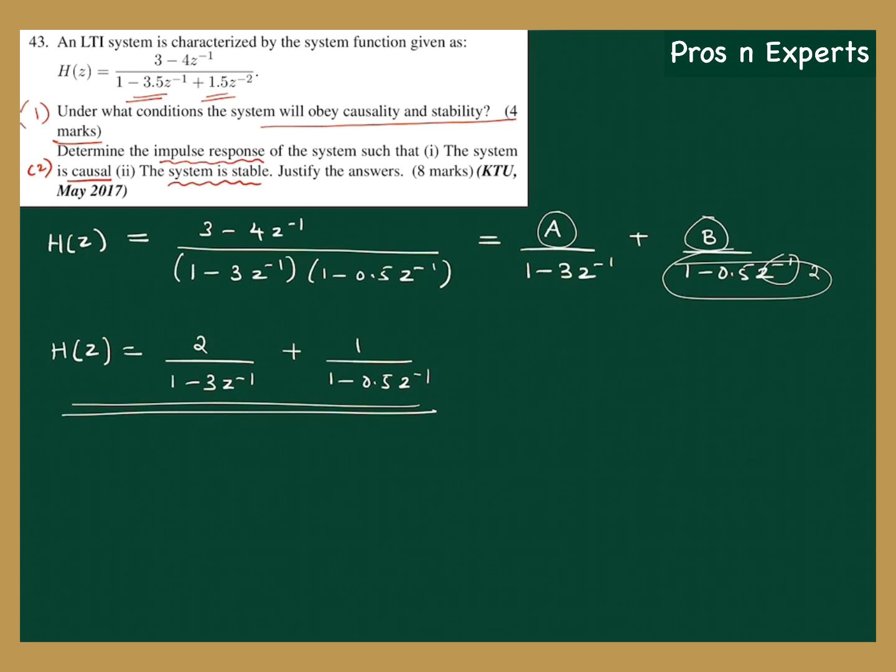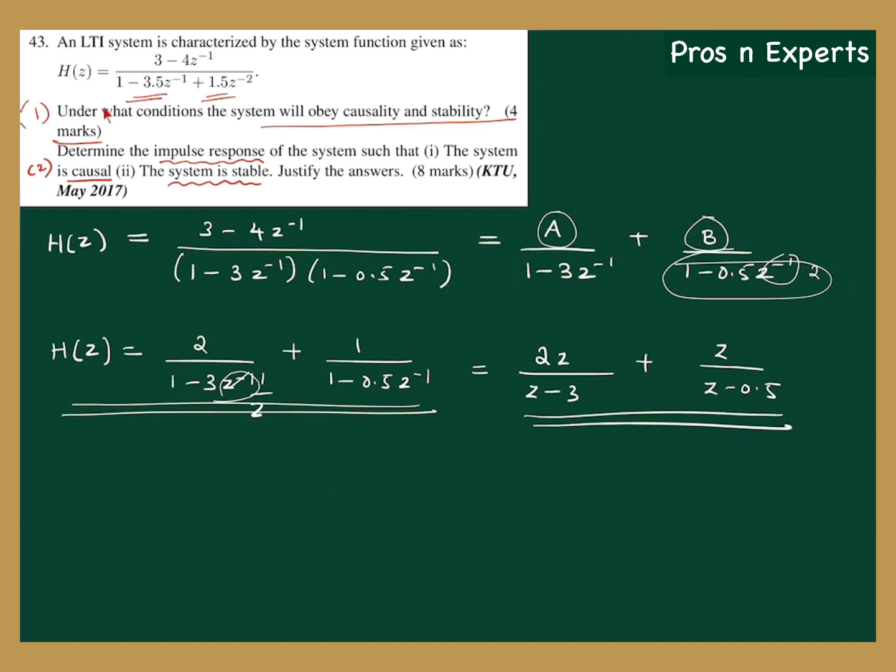And I can always rewrite this equation by considering z^-1 as 1 by z and taking the LCM: 2z divided by (z minus 3) plus z by (z minus 0.5). We can write it in either way.